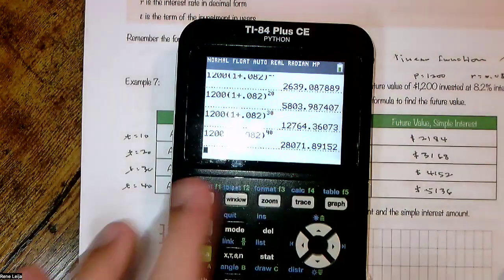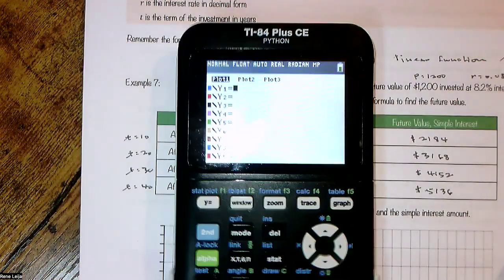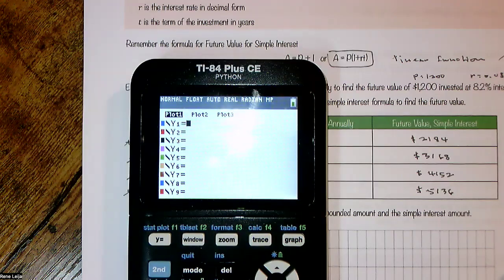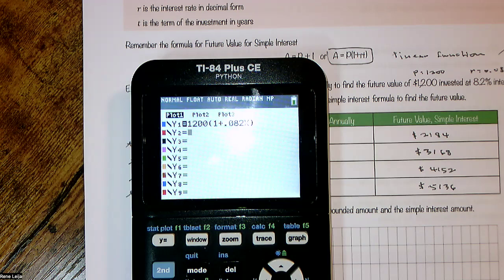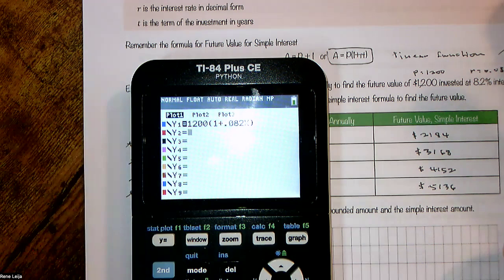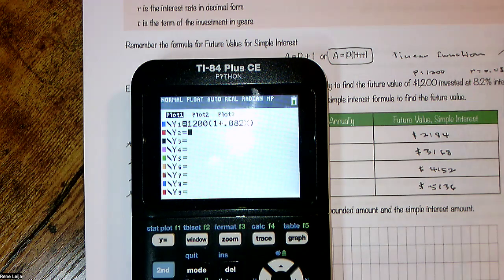Actually, let me show you. I think it's important that you see this. So let's take, this was 1200 times 1 plus 0.082x. And then let me enter the other one in. And I'm also going to put in our exponential.